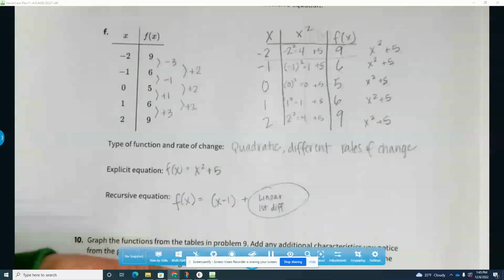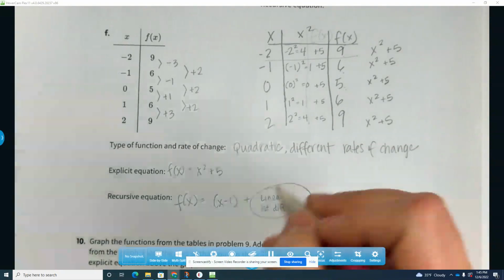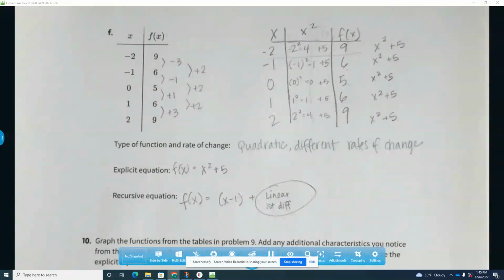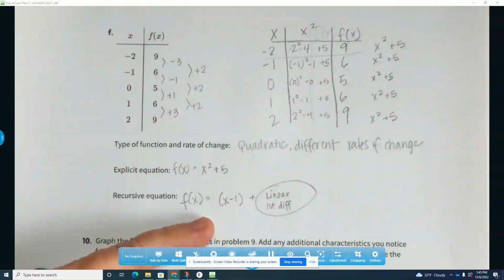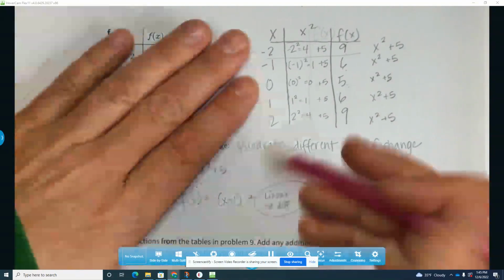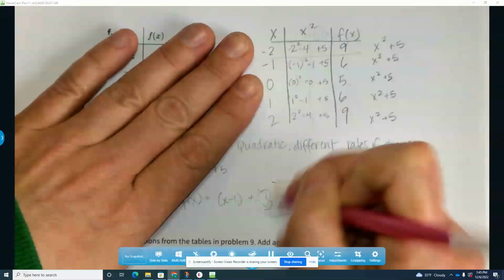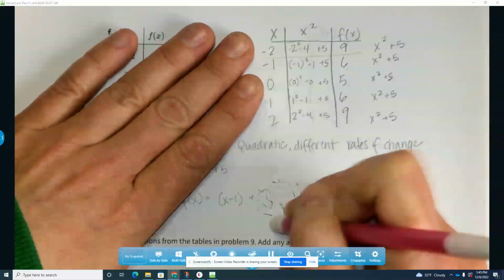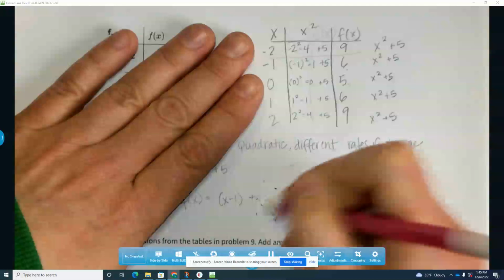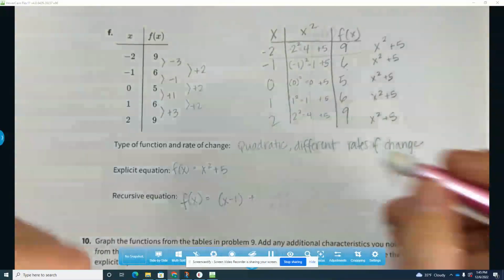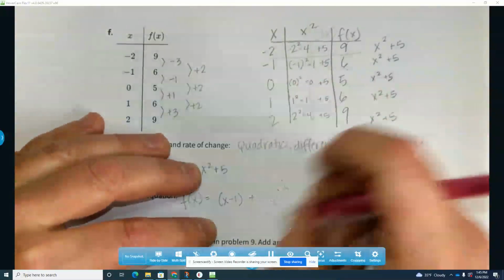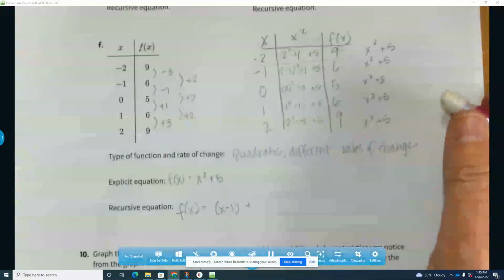And a linear never has an exponent. Linear is the same as an arithmetic. We don't have an exponent in those. So you're not going to see that in the recursive. The recursive is really talking about, okay, what do I have to do to my first term to get my second term? What do I have to do to my second term to get my third term? Okay, that sort of a thing.